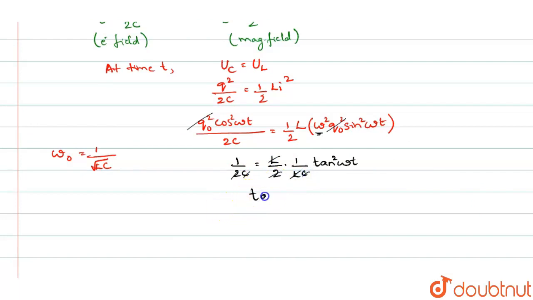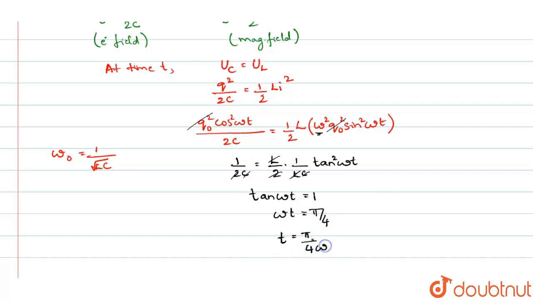You will be left with tan square omega t is 1, which means tan omega t is also equal to 1. And when do you get the tan function as 1? When omega t is equal to pi by 4. So t will be equal to pi by 4 omega.